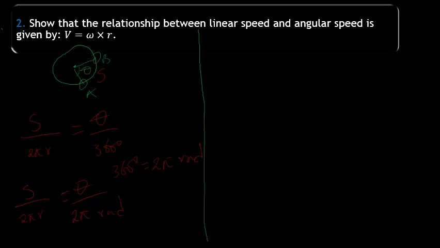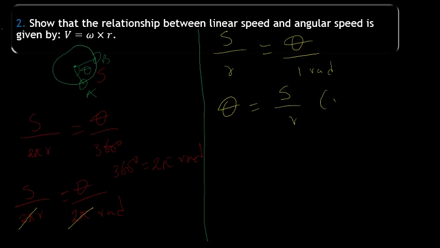Then the 2 pi takes care of 2 pi, and we are left with S over r is equal to theta over 1 rad. If you tidy this up, you still get the same thing: theta is equal to S over r, in rad. So that's it. Next question.